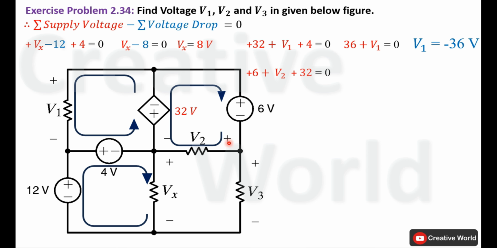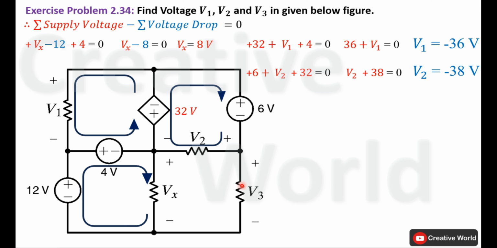Current entering terminal is positive, so V2 will be taken with positive sign. Move to the last element. Current entering terminal is positive, so 32 volt will be taken with positive sign. Now add 32 and 6 together, it will become 38, and place this 38 on the other side of equal to calculate the value of V2, that will become minus 38 volt.